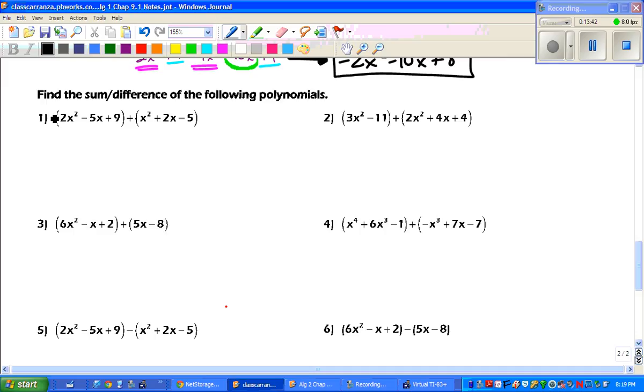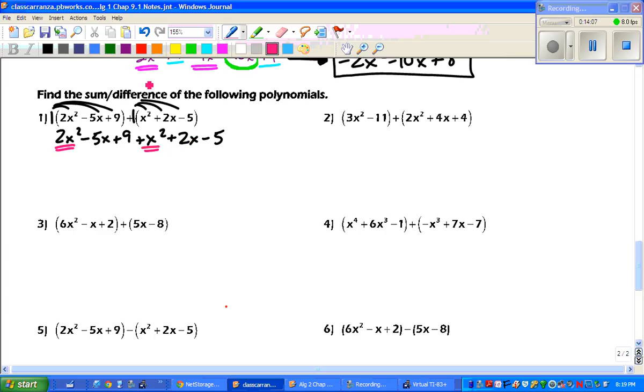So if I were to distribute just a 1, well, it's a positive 1, so everything stays the same. Multiplying everything by positive 1, it all just stays the same. And now we look to try and find like terms.